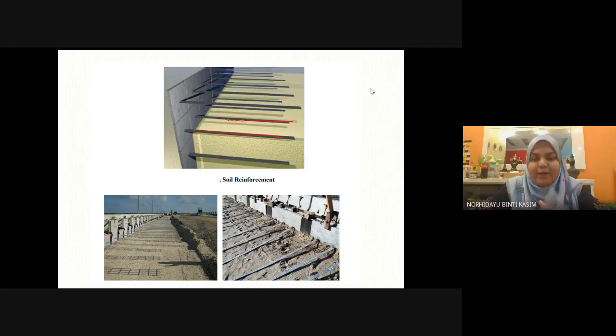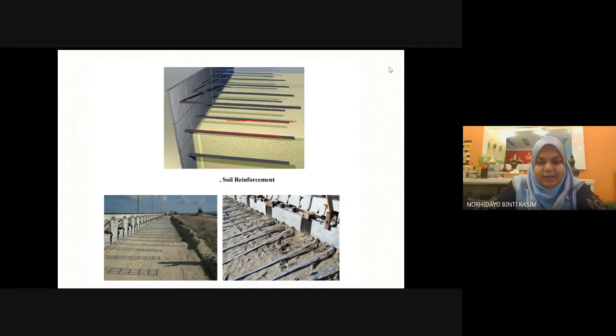As a designer, you have to determine how to arrange the metal strip, what is the spacing between them. They have a few types, so you can see from the figure.